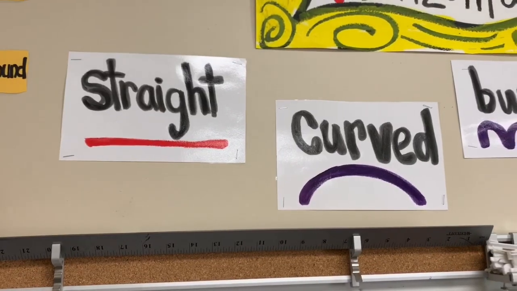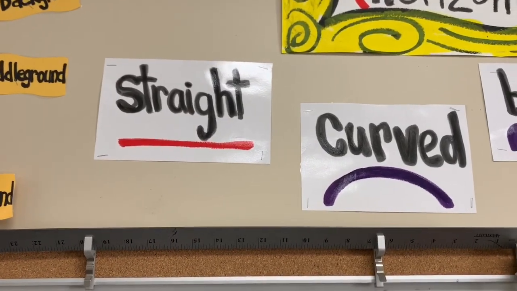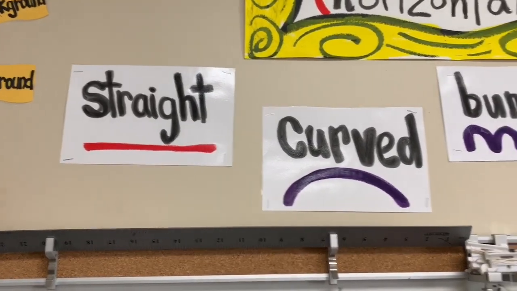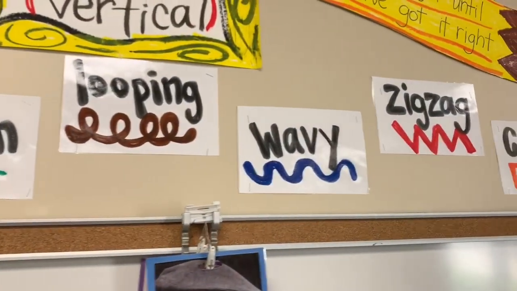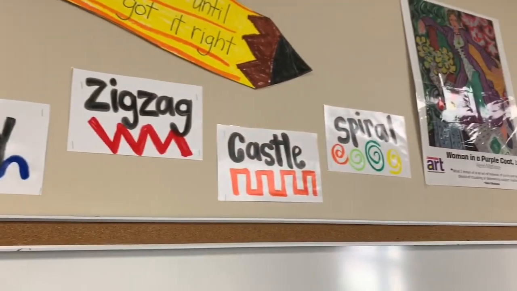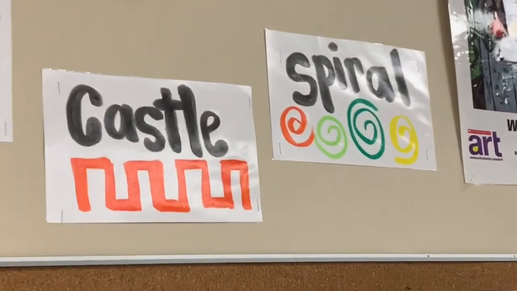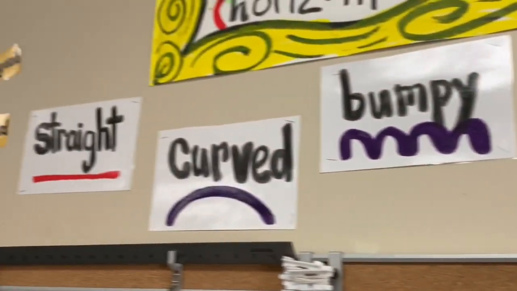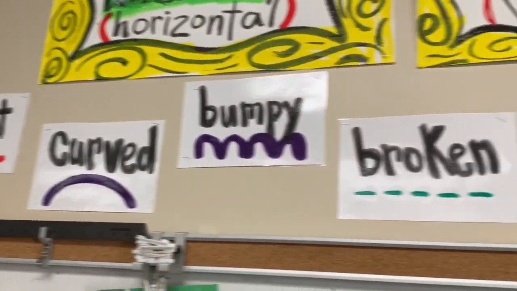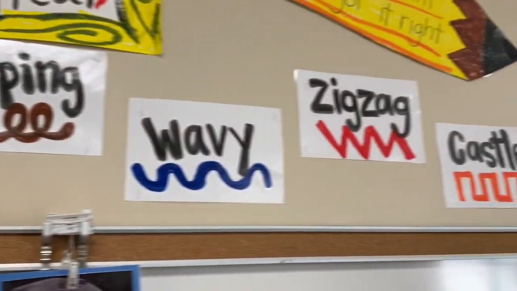So here in the art room, we have all the different kinds of lines right above the board: straight, curved, bumpy, broken, looping, wavy, zigzag, castle, and spiral. There are other types of lines, but these are the main ones that we'll be working with today. And in elementary, these are the basic ones that we need you to know.